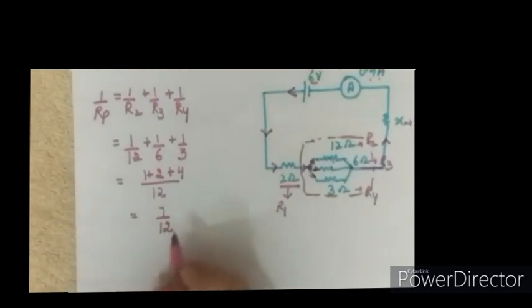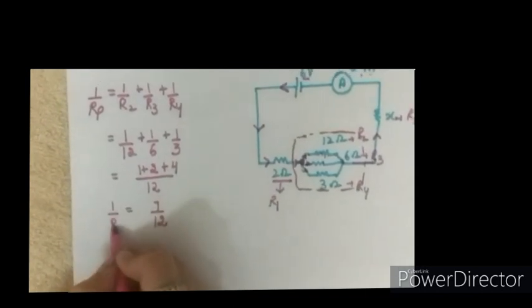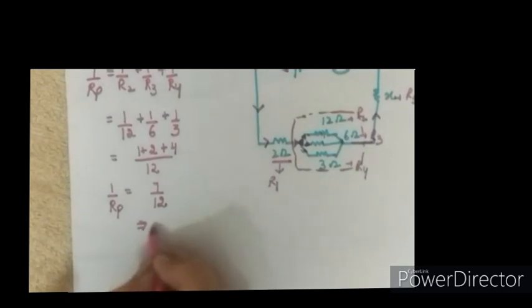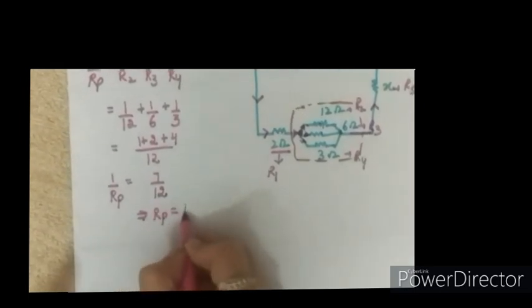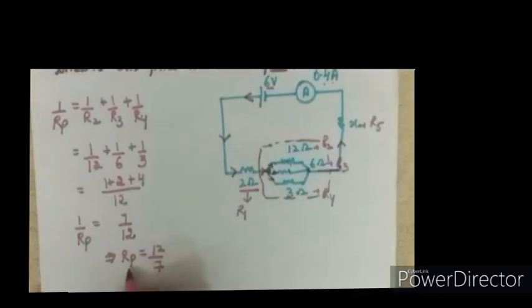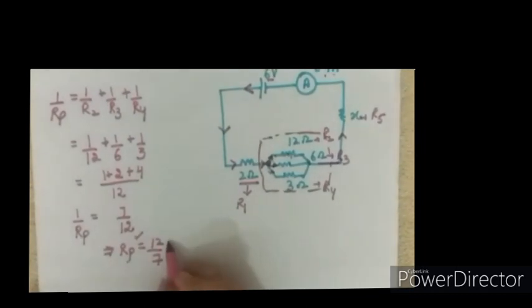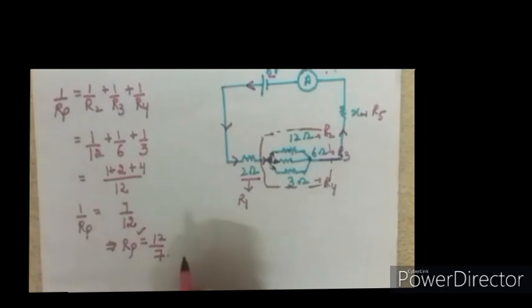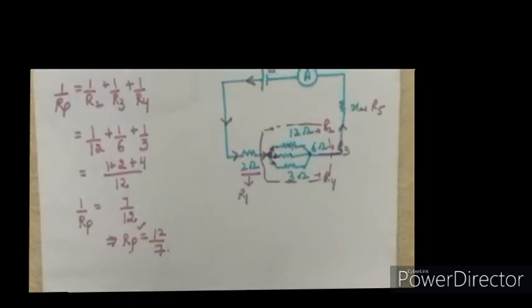So this is 7 by 12. So 1 upon Rp is equal to 7 upon 12. Then Rp is equal to 12 upon 7. Now we reduce these 3 resistors into one, that is Rp, which is equivalent to 12 upon 7. Now we redraw this diagram again.